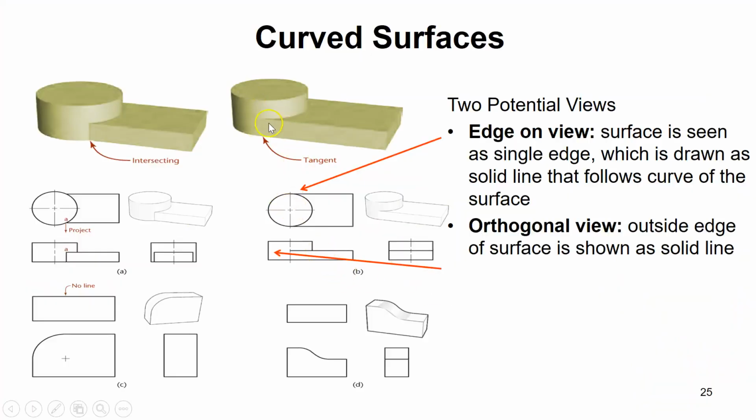So we can see that example here, that this flat surface becomes one and tangent with the curved surface. So here I do not show any visible edge, because visible edge means there are two different surfaces, or there is a break between them, or the angle of the tangents are not the same.